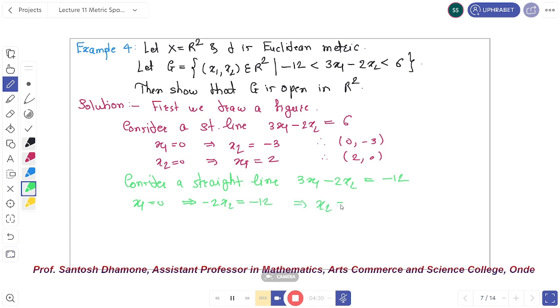Therefore we get point 0, 6. x2 is equal to 0 implies that 3x1 is equal to minus 12, so x1 is equal to minus 4. Therefore we get point minus 4, 0. We draw this straight line.